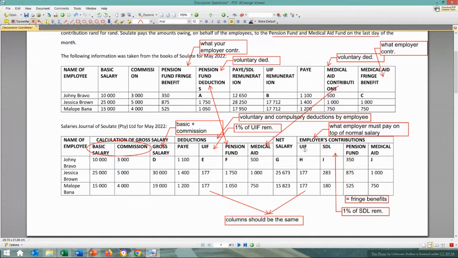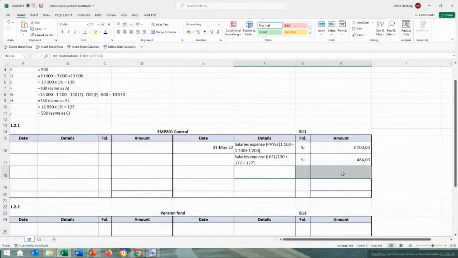Whereas to bring this into the books, you would have a debit as well as a credit for the UIF, a debit and a credit for the SDL. So we would credit the EMP 201 control account and we would debit the UIF contribution account. So we would say UIF contribution, and we would add all of those amounts together to get to the 484.